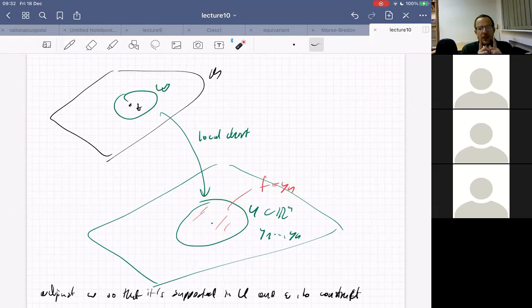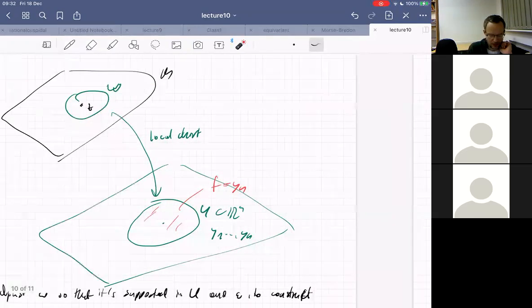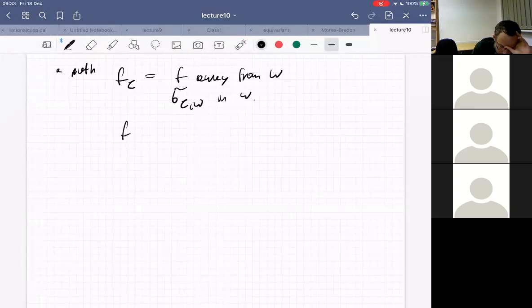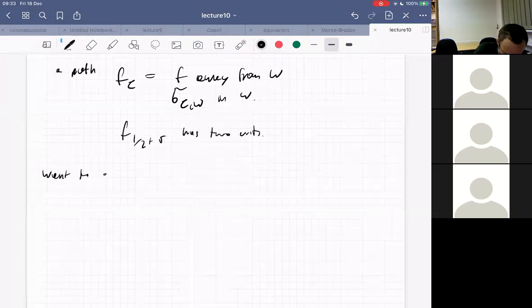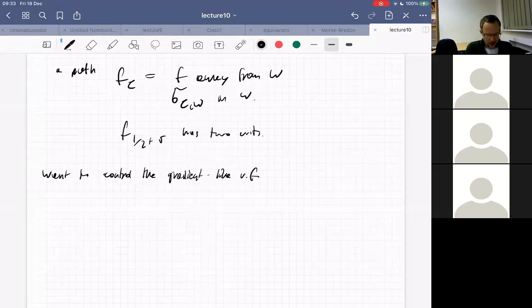Okay, so there's one thing I want to control. So my function f at 1/2 plus some delta has two grids. I still want to control the gradient-like vector field for, let me call it, f tilde.